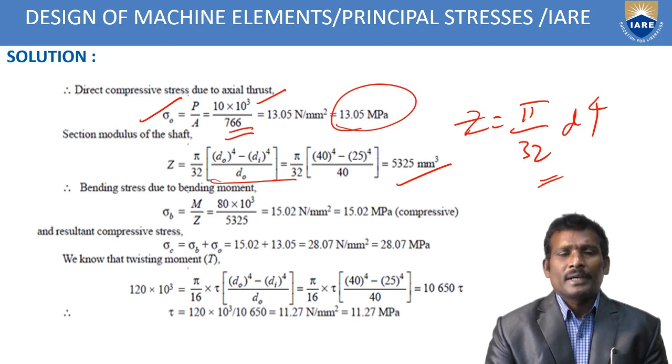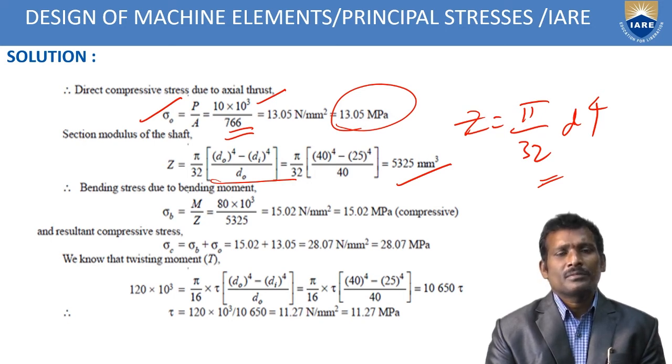So we have calculated the direct compressive stress and section modulus. Now find out the bending stress due to the bending moment. The shaft is subjected to a bending moment, some value is given in our problem, so the bending stress will be induced in the shaft.